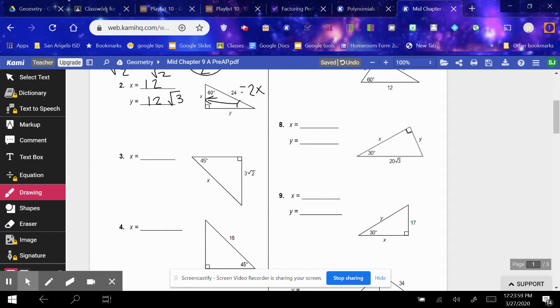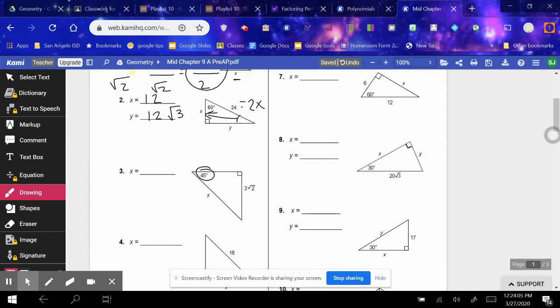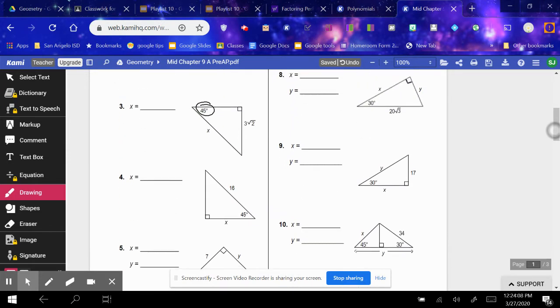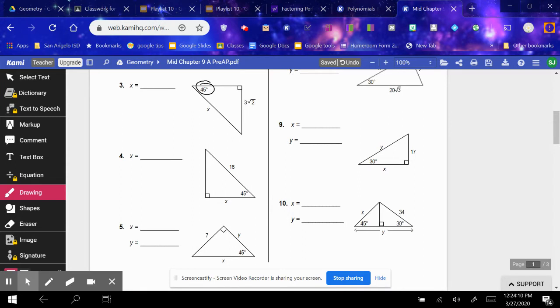Right, number 3, they give us a 45-degree angle. So this is a 45, 45, 90 triangle, which means our 2 legs of the right triangle are the same length. So this side is 3 square root of 2 also. But we want to know x here.